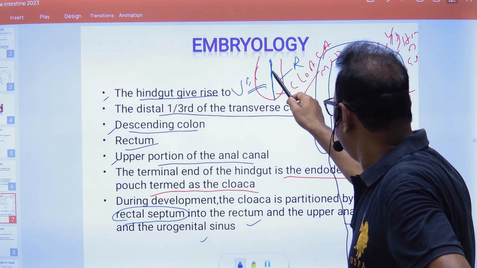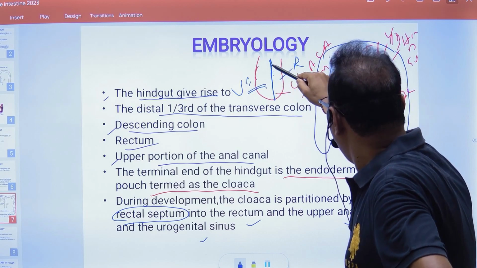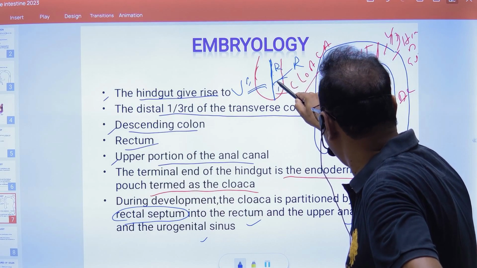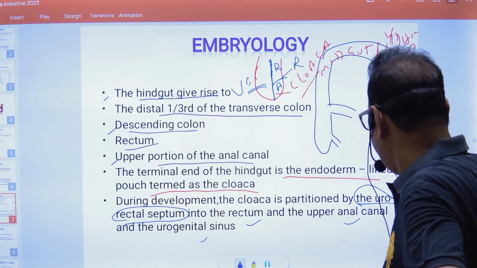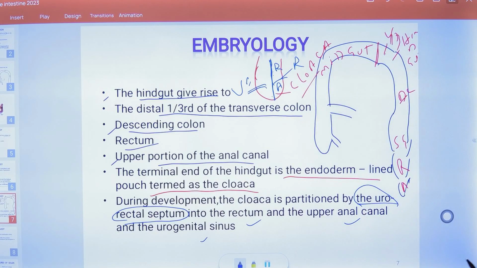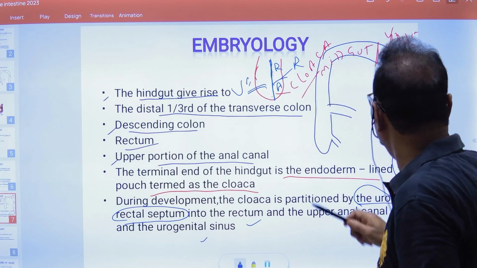This is the urorectal septum. We have the rectum over here, then the anal canal. First we have the rectum, then the anal canal over here, and the urogenital sinus. The important parts are the rectum and the anus.